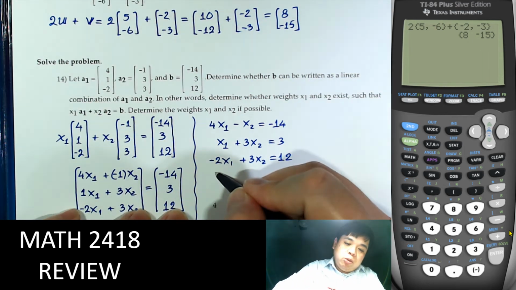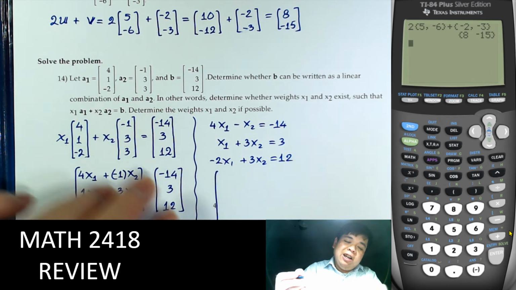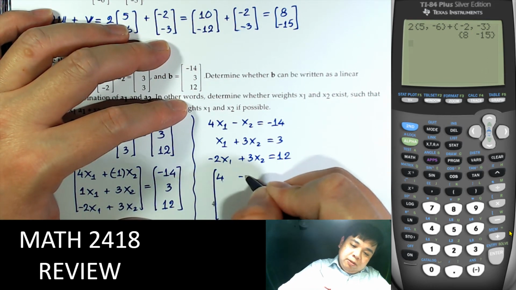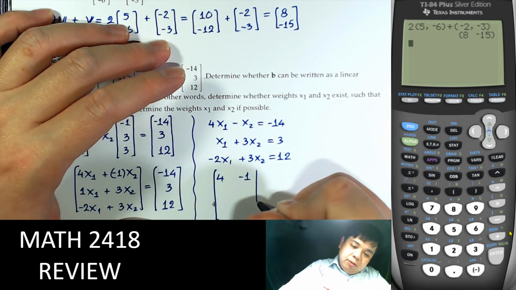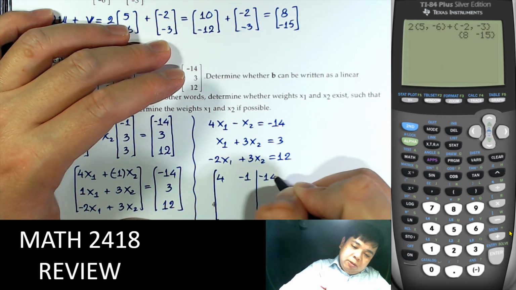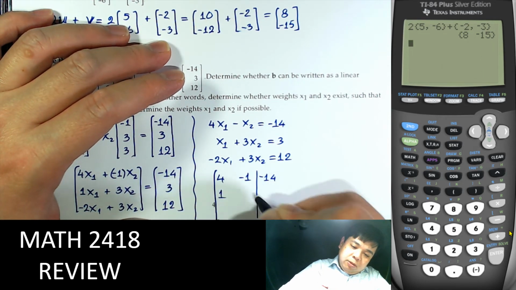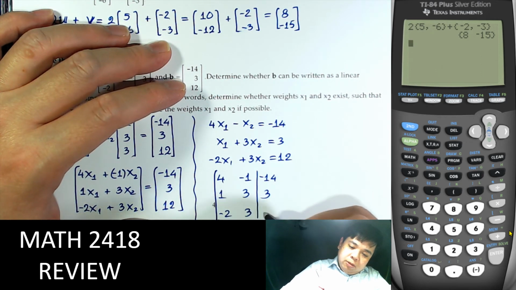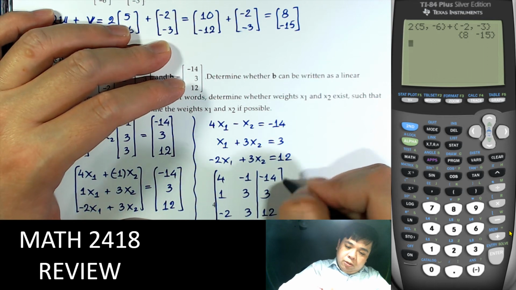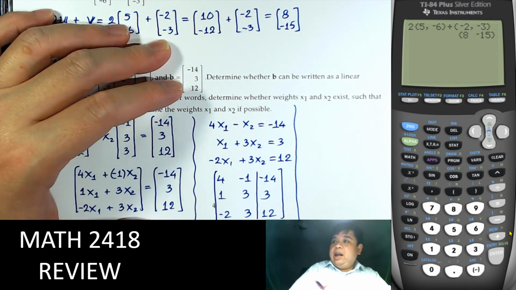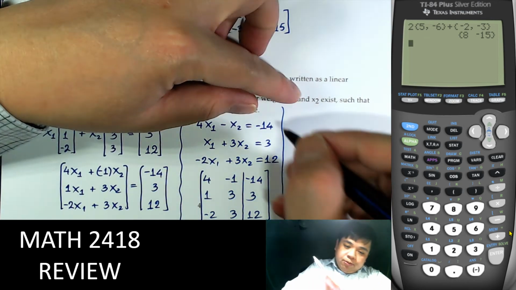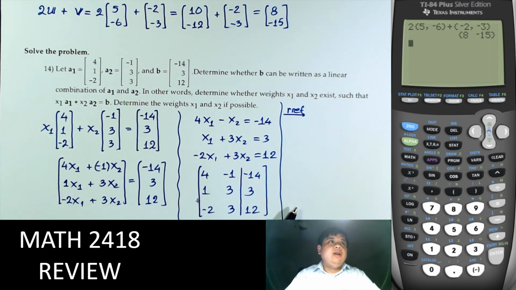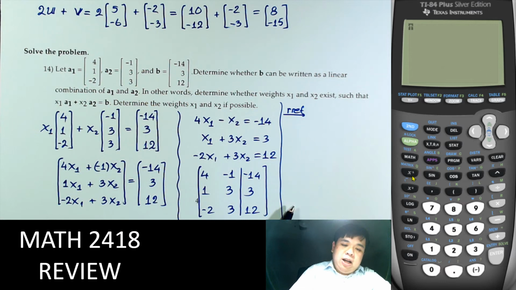Right, so we're going to put that in a matrix. And then we do the reduced echelon form. Right. There might be a problem here.